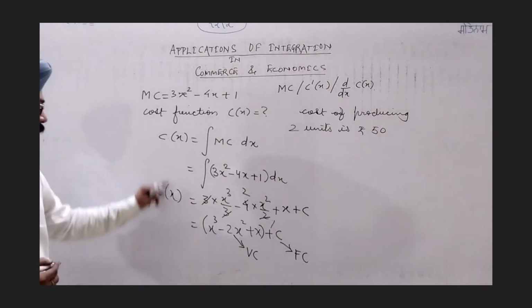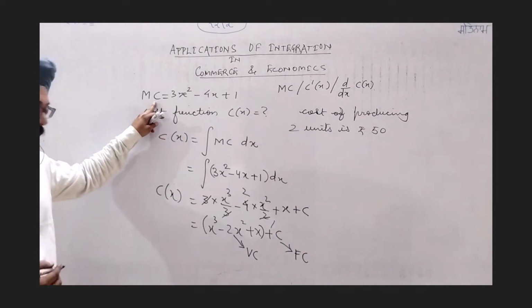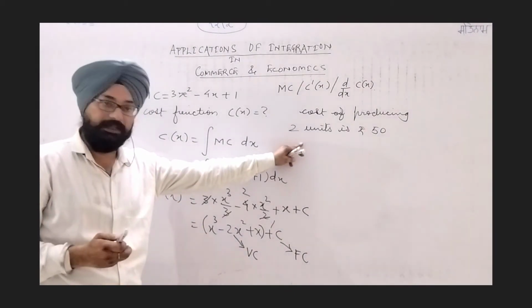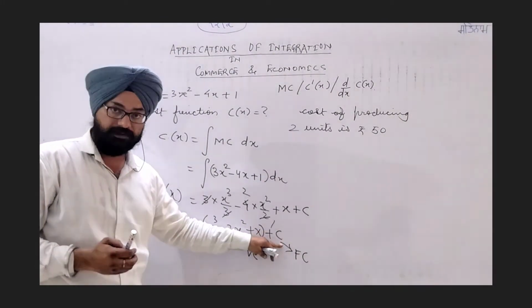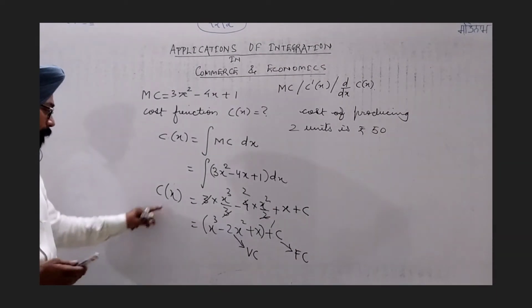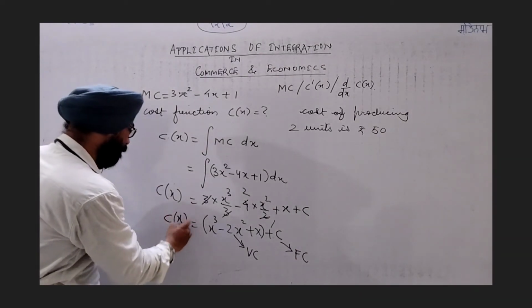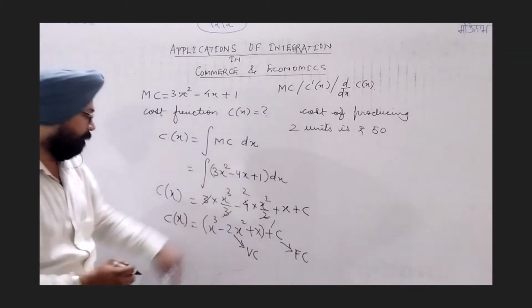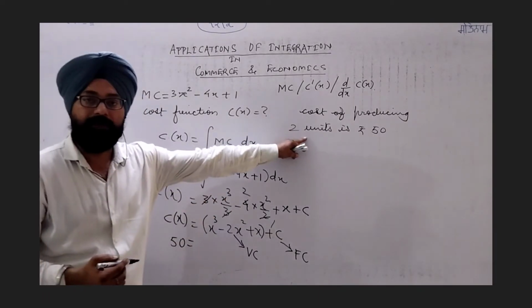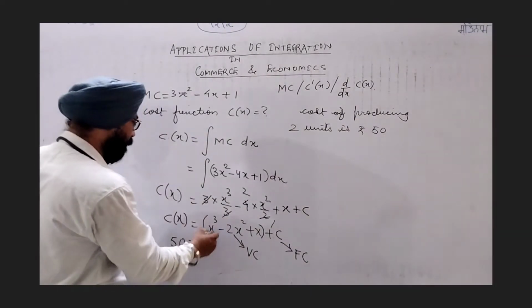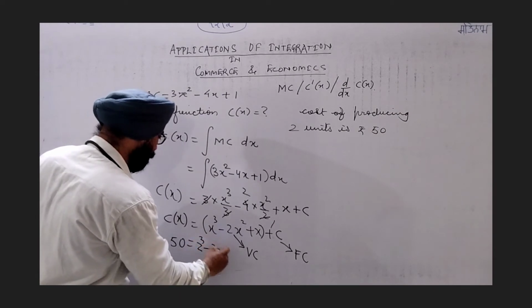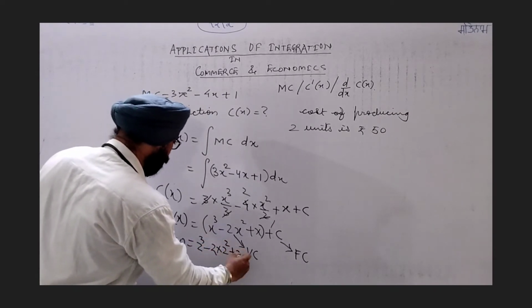As soon as you find the cost function using the integration of marginal cost, this additional information will be utilized to find the value of fixed cost, that is the constant of integration. How? In place of C(x), we substitute rupees 50, the cost of 2 units produced. So we replace x everywhere by 2, that is 2 cube minus 2 into 2 square plus 2.